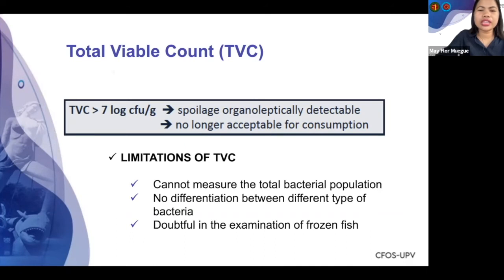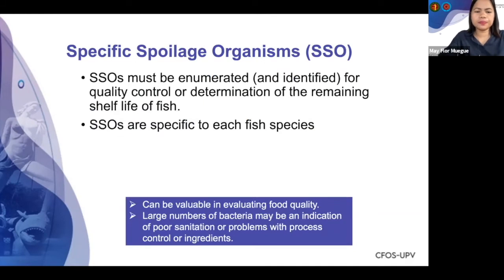This can already give you detectable changes in the organoleptic properties of the product. So, yon, may mga spoilage na, and then it can no longer be acceptable for consumption. Okay? So, the limitations of TVC, ayan, ito yung kanina, yung nasa blue na box, yung tatlo.